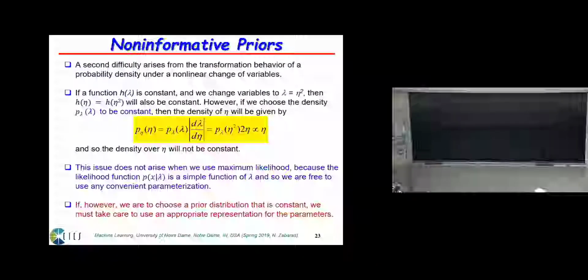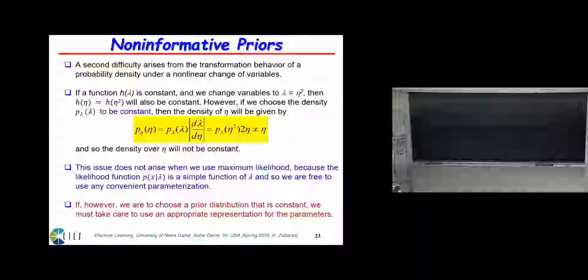We said that we need to be sure that reparameterization is taken into consideration when we introduce those non-informative priors. So don't use something that is uniform, and then somehow in your calculations from uniform you get something else weird that is not what you originally had in mind, okay?